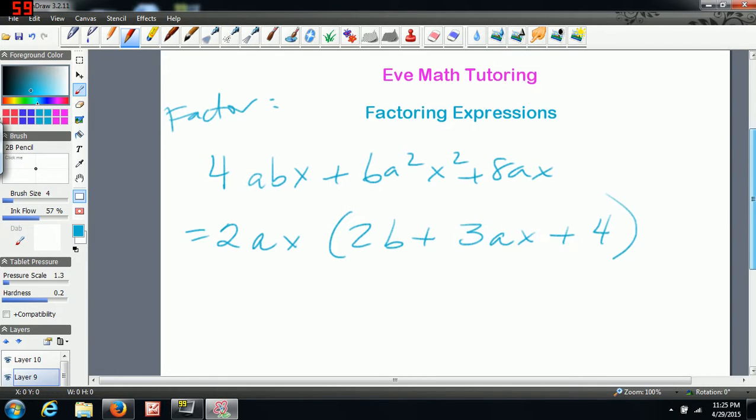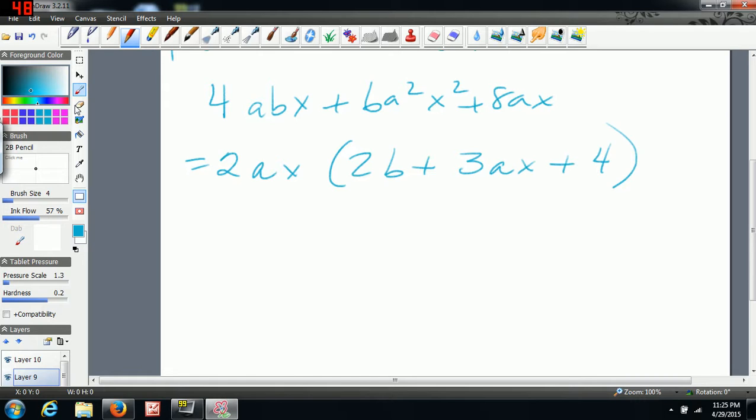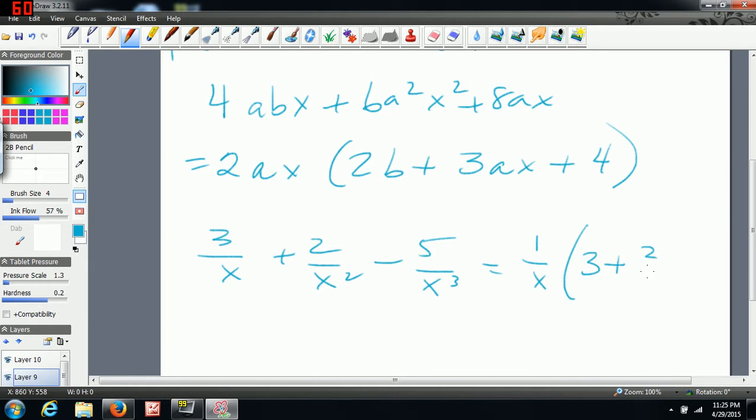Let's do a few more with fractions. So say you have something like the following: 3 over x plus 2 over x squared minus 5 over x cubed. If I wanted to factor this, I could take out 1 over x to the 1, which would be the highest one. So I'd be left with 3 plus 2 over x minus 5 over x squared.